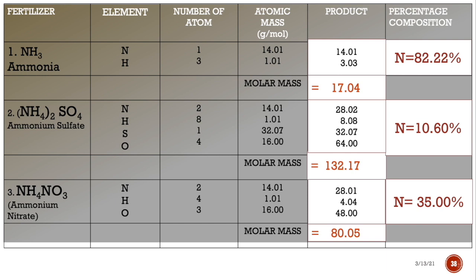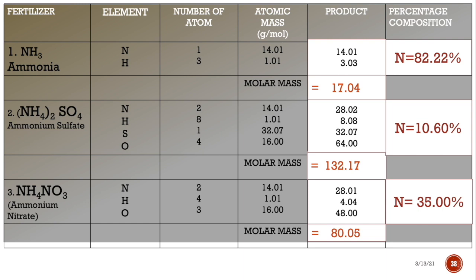Thus, it is the most effective fertilizer to nourish the soil. How will you convince the farmers to accept your recommendation? Your answer should be by determining the nitrogen content of the fertilizer. The higher the nitrogen content, the more effective the fertilizer is to replenish the nutrients in the soil.